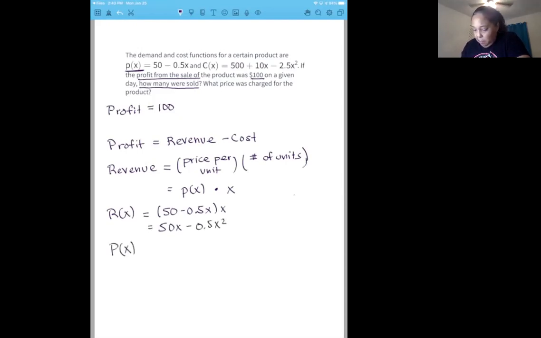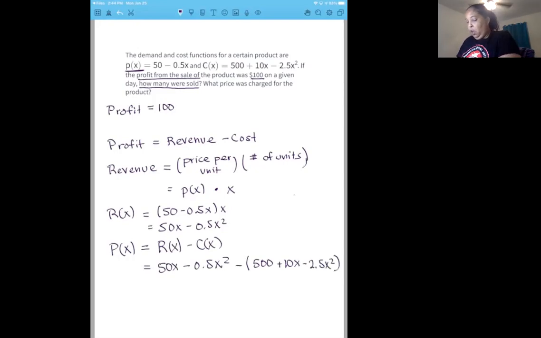All right, and the profit function, again, is my revenue function minus cost function. So my revenue function is 50x minus 0.5x squared minus my cost function, and my cost function is 500 plus 10x minus 2.5x squared.